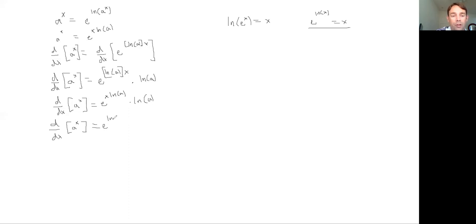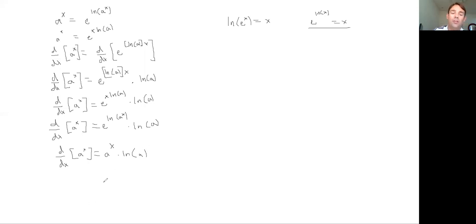So we got e to the natural log of a to the x times the natural log of a. And then again, e and the natural log, they don't really cross each other off, they just undo each other because they are inverses. So we end up with the derivative of a to the x being a to the x times the natural log of a.